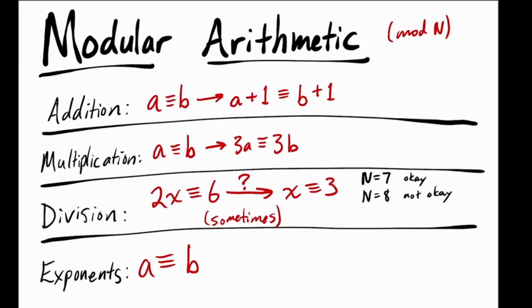If a is congruent to b, we might want to conclude that, say, 2 to the a should also be congruent to 2 to the b. That we should be able to, in some sense, reduce an exponent mod n to another exponent. And this is not okay. So this does not work at all. We can see a bunch of simple examples.